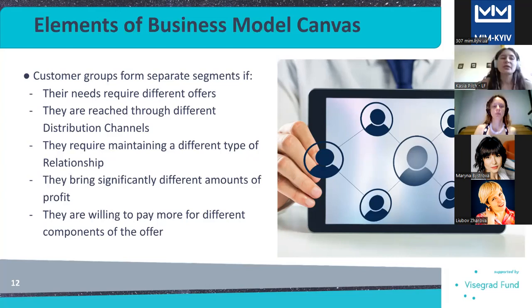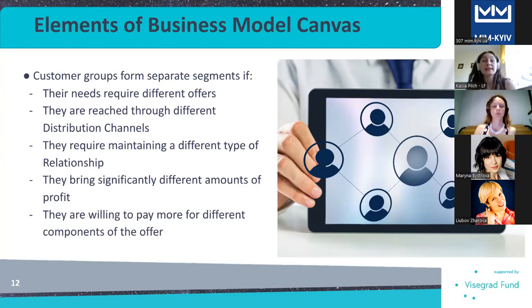Another way to distinguish between the segments is if your customers bring significantly different amounts of profit. Some customers want cheaper products. Some customers focus more on quality and prestige, and they want something more expensive, less available to people, something unique, maybe customized.